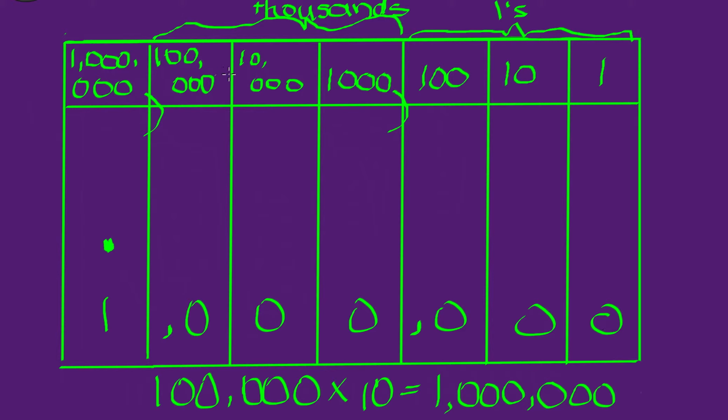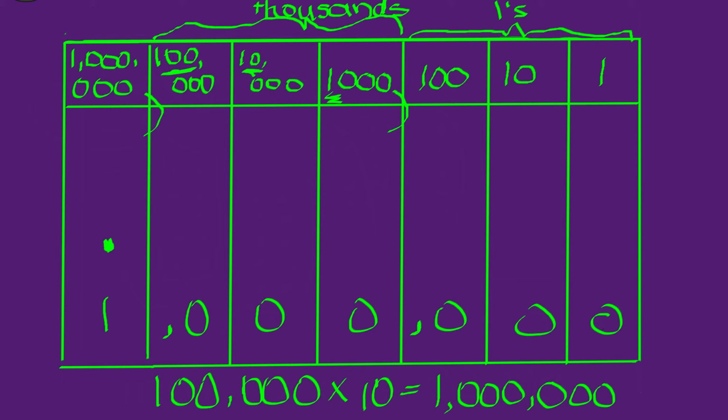So these are the new places you learned: 10,000s, 100,000s, and 1 million. If you notice the pattern here, in the ones group, you have 1, 10, 100. In the thousands, 1,000, 10,000, 100,000. So 1, 10, 100. Here's again 1, 10, 100.